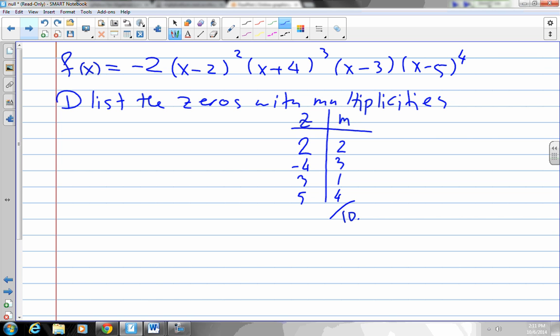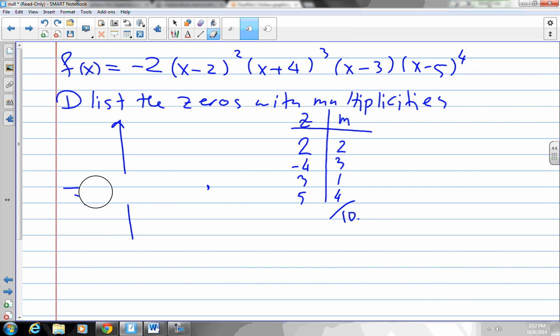So it's even degree, negative leading coefficient. So we know the end behavior of this polynomial. I can sketch the graph of this polynomial. 1, 2, 3, 4, negative 4, and then 1, 2, 3, 4, 5. So what do we need? 2. Oh, this is going to get tight in there. 3. Yeah, I need to redo my scale.